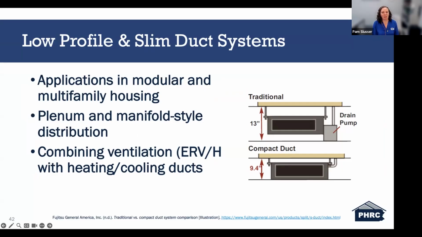These systems often use plenum or manifold style distribution, which reduces the amount of ductwork needed and makes it easier to keep runs short and fully inside the conditioned space, helping to minimize energy loss as well. Another advantage is the ability to integrate ventilation systems such as ERVs or HRVs directly into the duct layout. When everything is located within the envelope, it improves that overall efficiency and system performance.